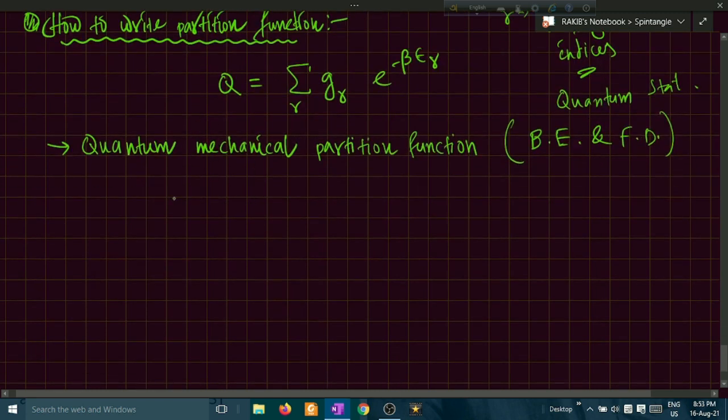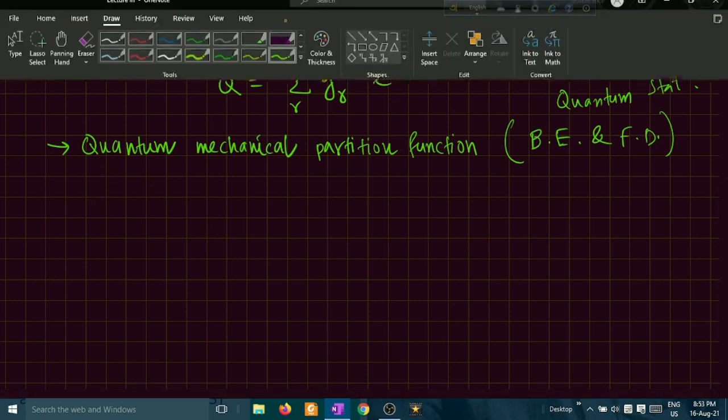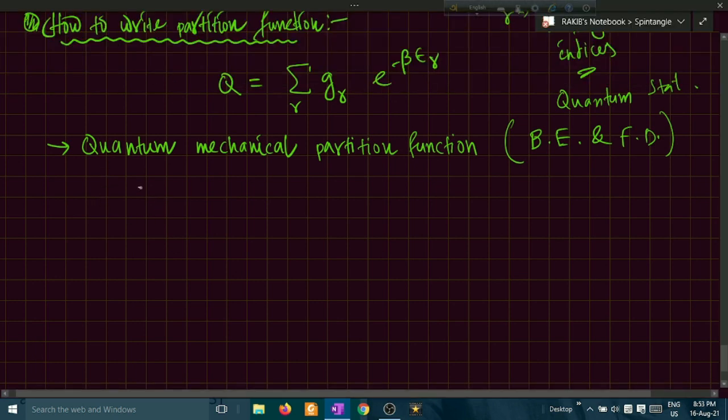Okay, therefore in this quantum mechanical partition function, you make a point that single particle partition function is written as q1.